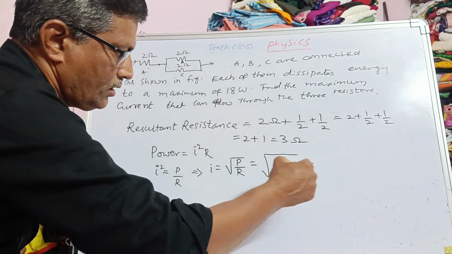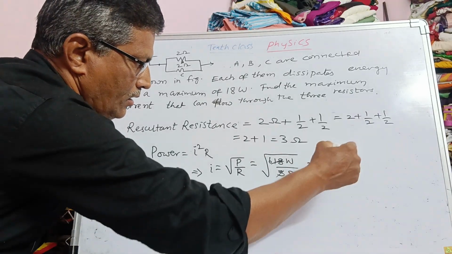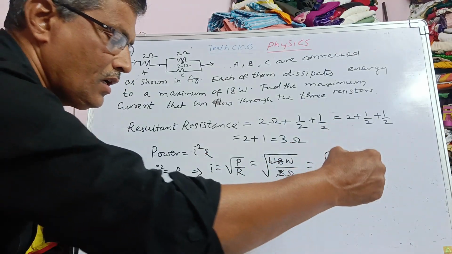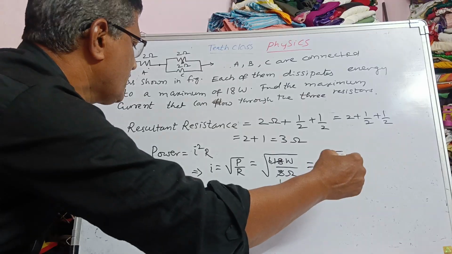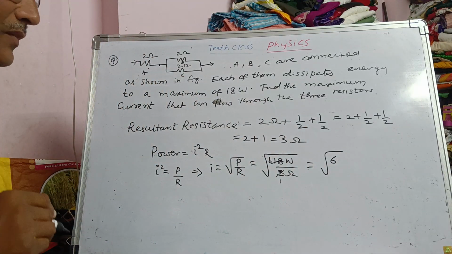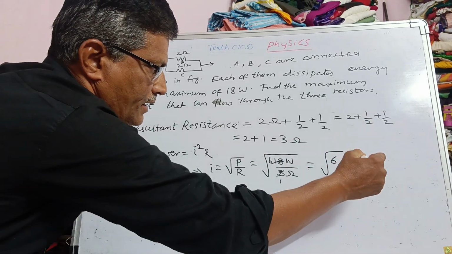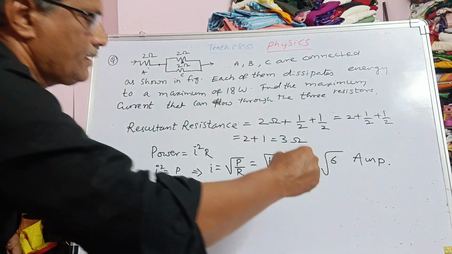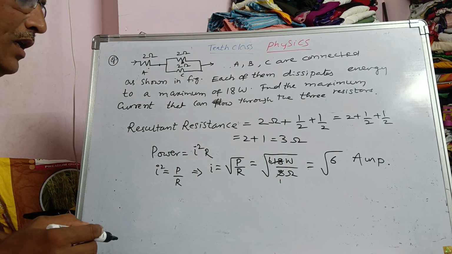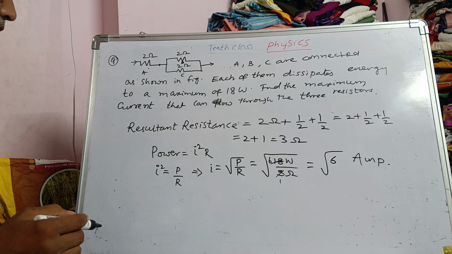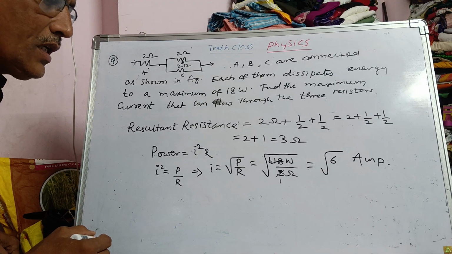That is the square root of 18 by 3, which is the square root of 6. Current is measured in amperes, so that is root 6 amperes, the current flowing in the circuit.